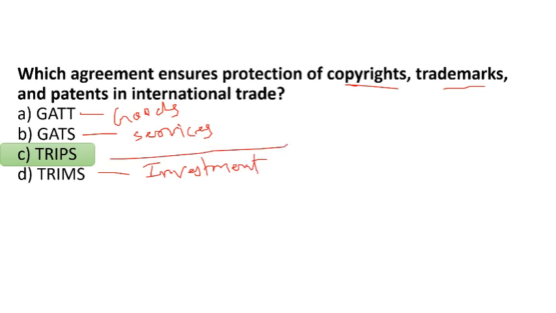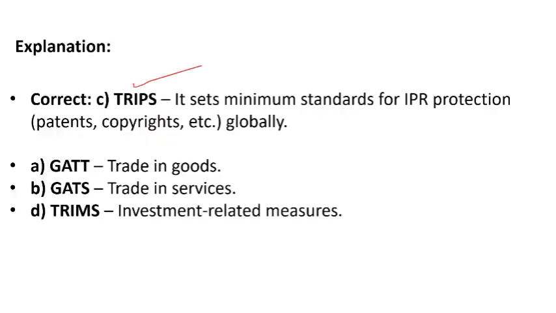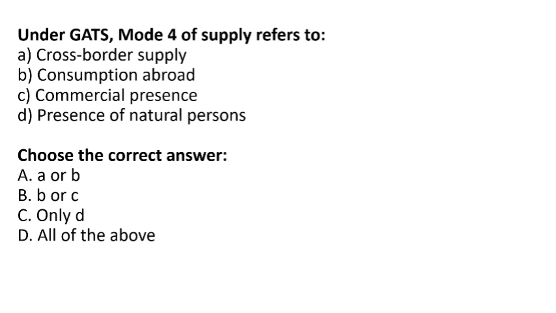And TRIPS is related to the IPR, that is intellectual property rights. TRIPS sets the minimum standards for IPR protection, patent, copyright, GI, and so on, globally. GATT is trade in goods, GATS trade in services, and TRIMS investment related measures. Next, under GATS, mode 4 of supply refers to cross-border supply, consumption abroad, commercial presence, presence of natural persons.